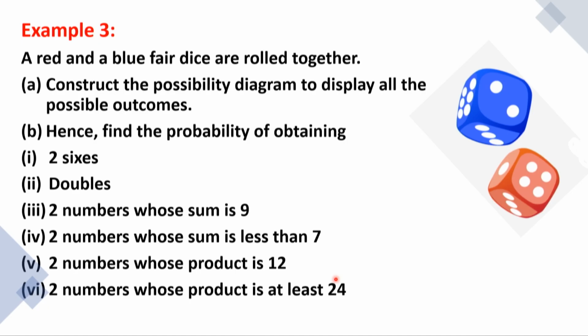A red and a blue fair dice are rolled together. Construct part A, the possibility diagram to display all the possible outcomes. Part B, hence find the probability of obtaining. We have 6 parts here and we are going to look at each one of them.